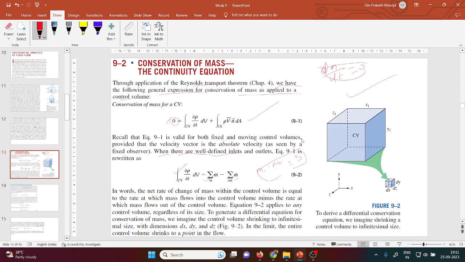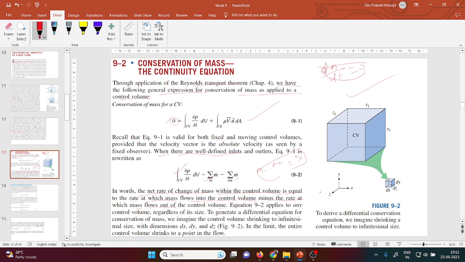In other words, the net rate of change of mass within the control volume is equal to the rate at which mass flows into the control volume minus the rate at which mass flows out of the control volume. Actually, this is written very well.